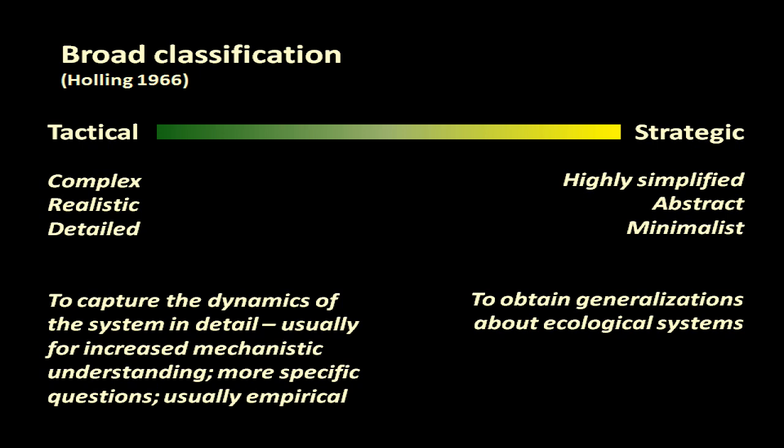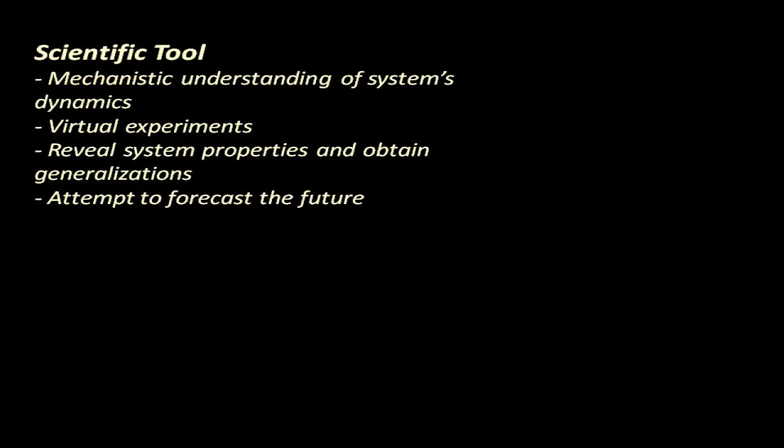So in a more application-based approach to thinking of why you should model, one purpose is that it's a scientific tool. Like I said, some models can provide mechanistic understanding of system dynamics. Think of models as labs or laboratories where you can conduct your virtual experiments.